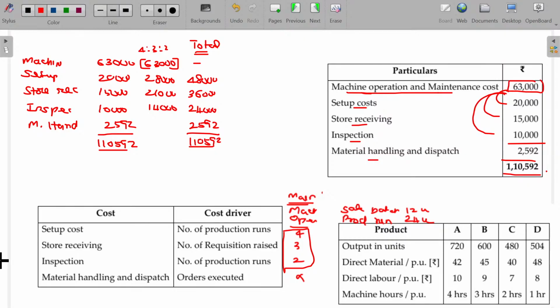Now, setup will be based on the batches you operate. How many batches do you operate? The production run is 24 units. Once the machine is set up, this setup will work for 24 units to be produced. Now, how many setups do you operate? Number of setups.